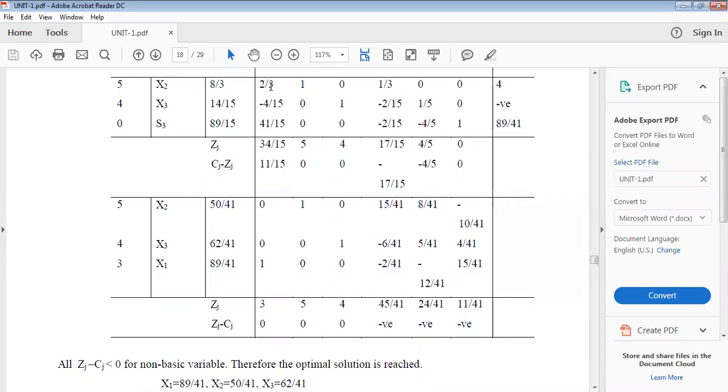The other elements in this column are to be made zeros. So 1, 0, 0; 0, 1, 0; you will get a unit matrix, and automatically you will get the solution. Observe this: 41 by 15 means 15 into 41.